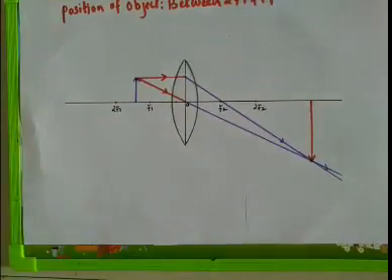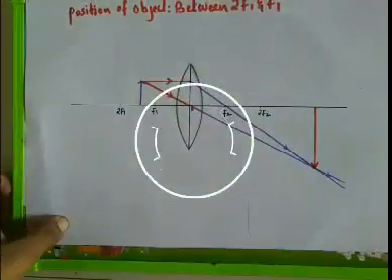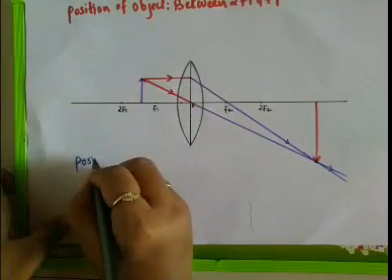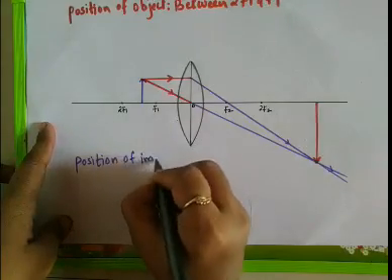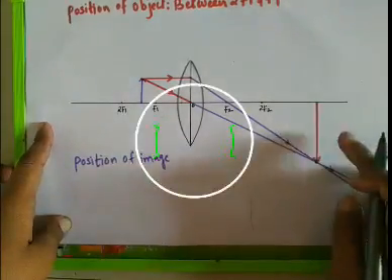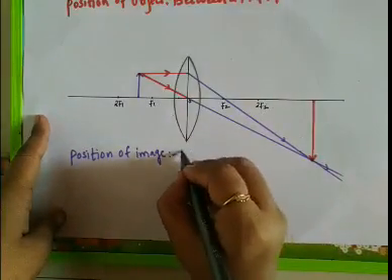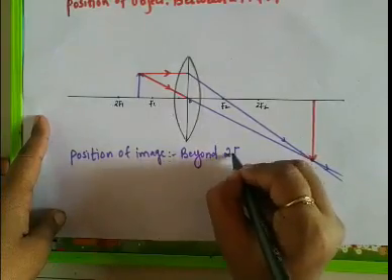Now let's describe the image. So here first I will write position of image, where the image is forming. You can see this image is forming beyond 2f2. So we will write here beyond 2f2.